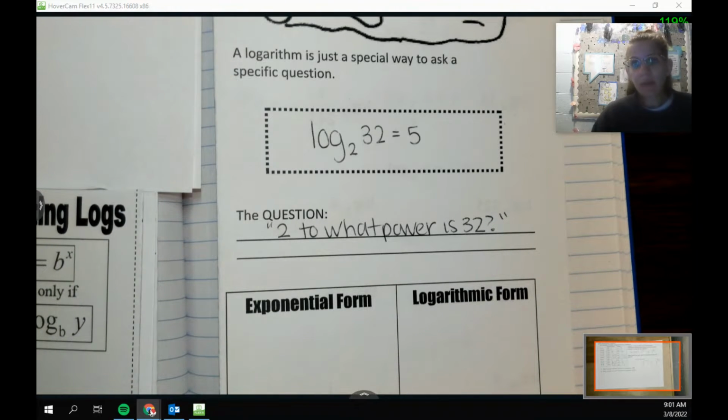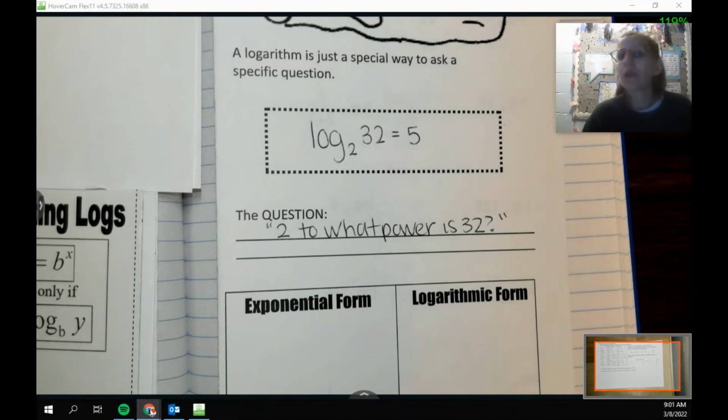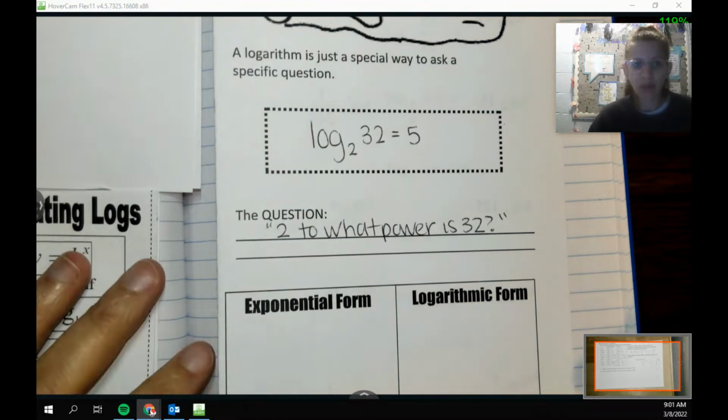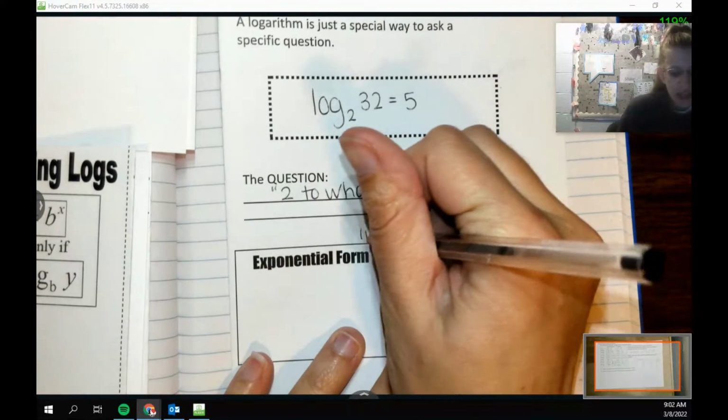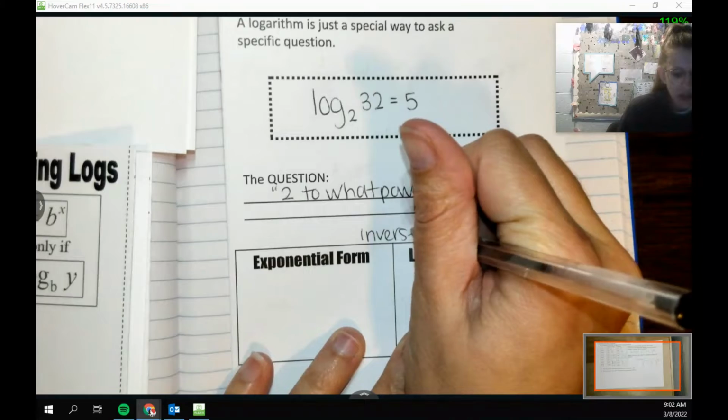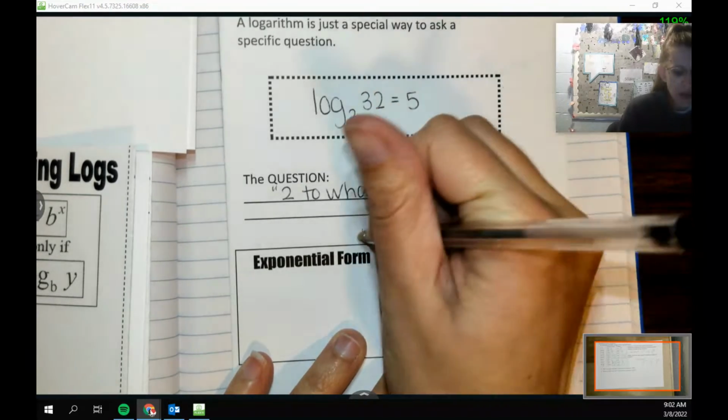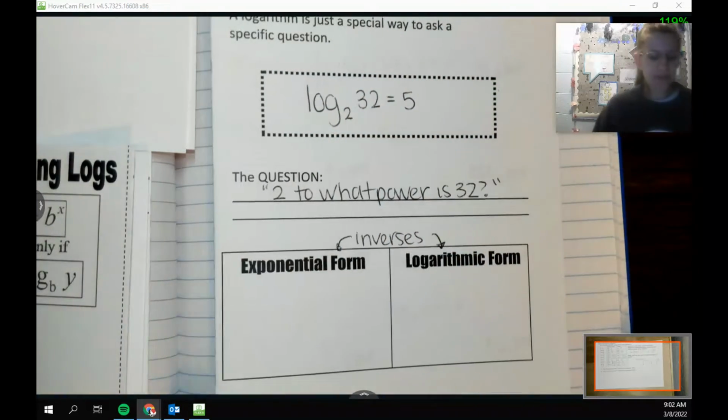And so sometimes it can be really helpful to rewrite a logarithm in exponential form. Just because we want to understand how exponents and logarithms are related, because they are actually inverses of each other. They undo one another. They are opposites of each other.